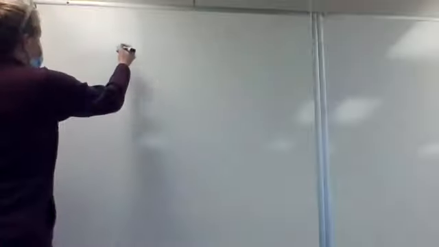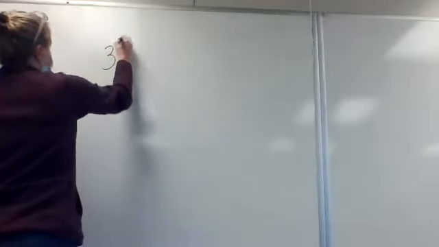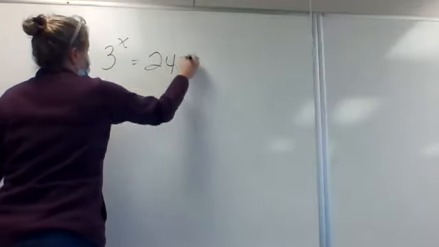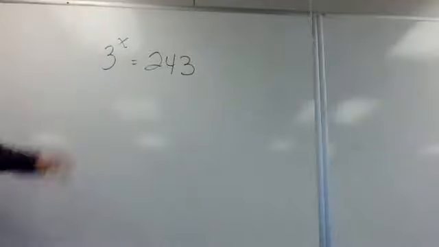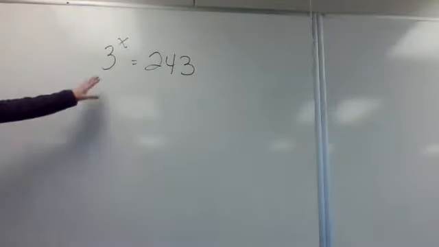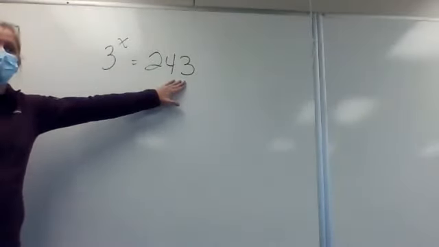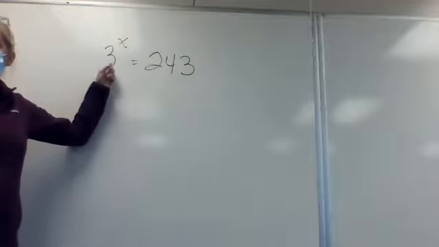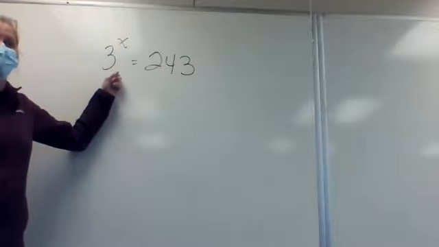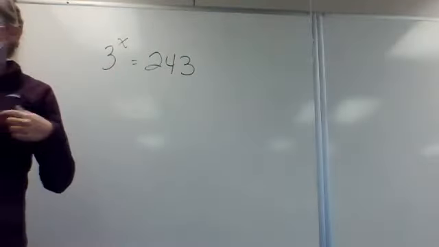Like in problem number 1, we're solving for this x in the exponent. If I can change the other side of the equation to be base 3 like this side, then that's what I want to do.